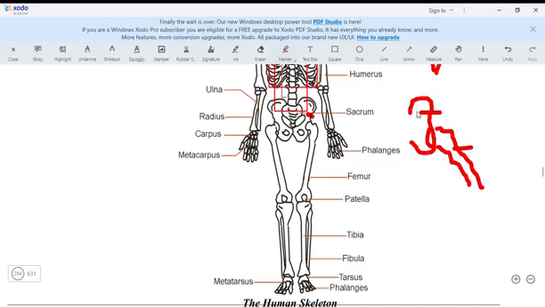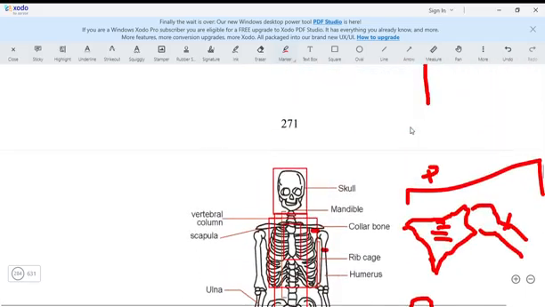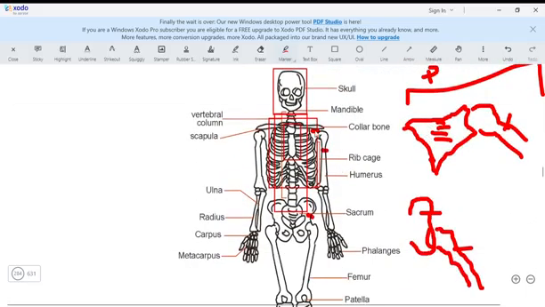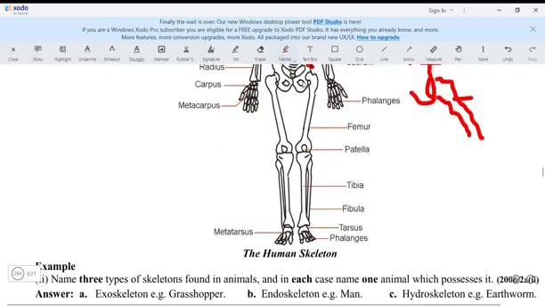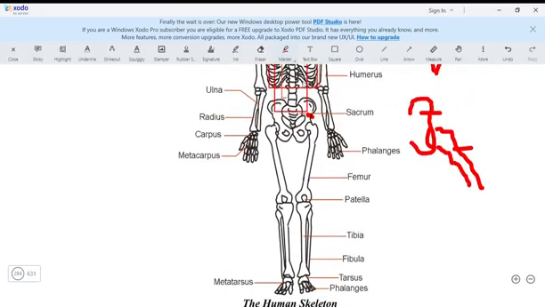The combination of this pelvic girdle and the long bone here is another appendicular skeleton. So the one on top, we call the pectoral girdle, then the one under here, the pelvic girdle.